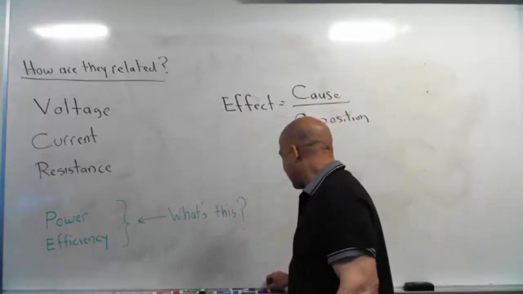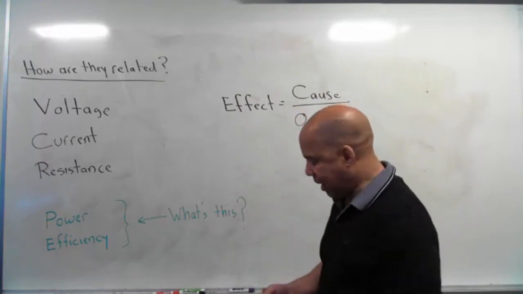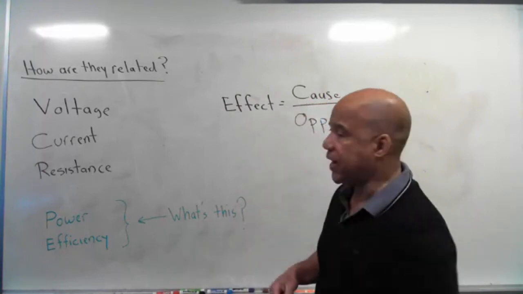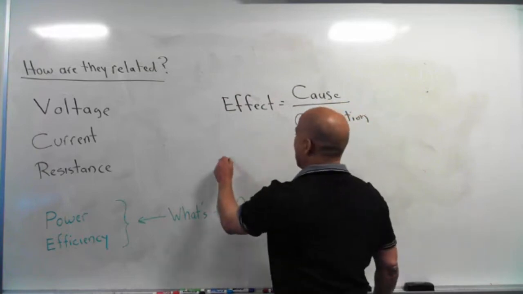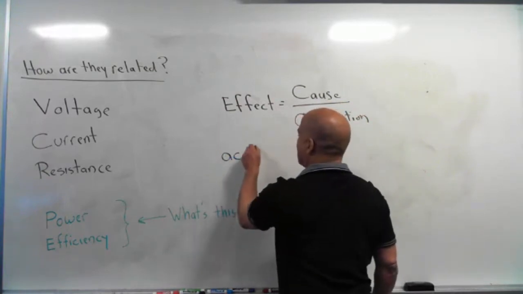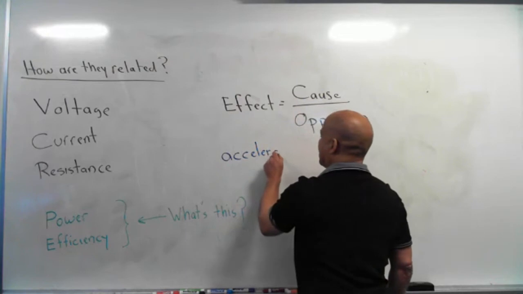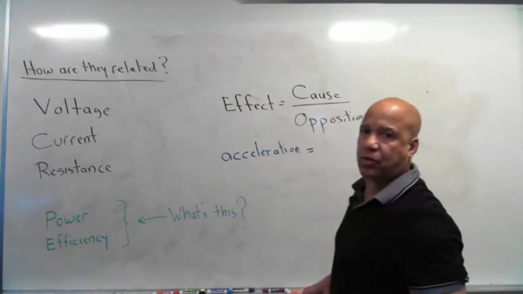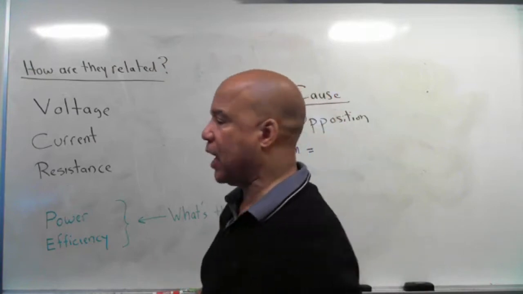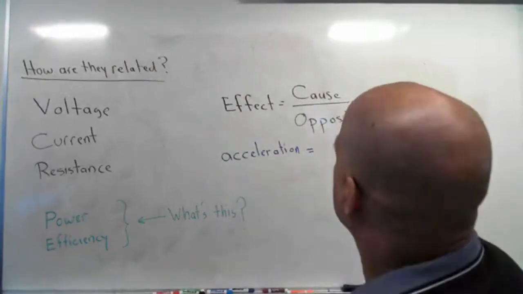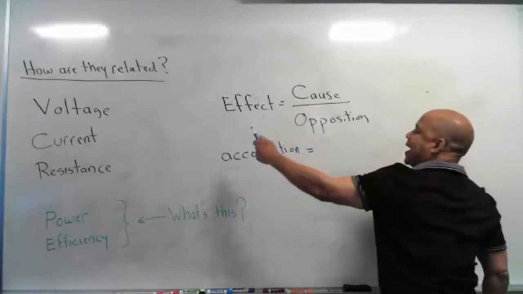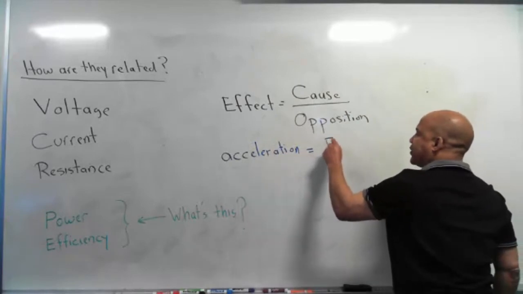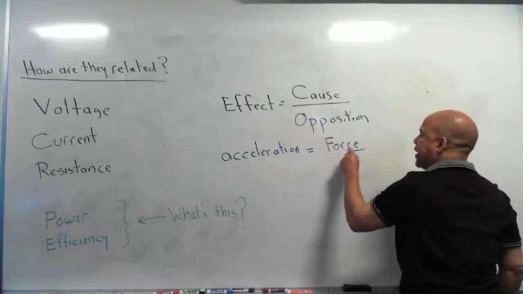For example, let's say that the effect you want to establish is acceleration. You want to make something speed up, go faster and faster and faster. So the effect is acceleration. Does anybody know the cause of acceleration? What causes something to speed up and go faster and faster? A force. Force is the cause of acceleration.